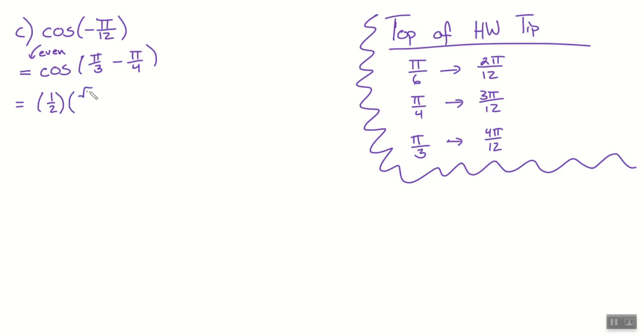Cosine of pi fourths is √2/2. It's a plus because cosine does this wonky thing where we change the signs. Sine of pi thirds is √3/2. And the sine of pi fourths is √2/2. And lo and behold, we get a very similar answer to every other single problem because we use the same angles every time. It looks like it's going to be √2 plus √6 over 4.